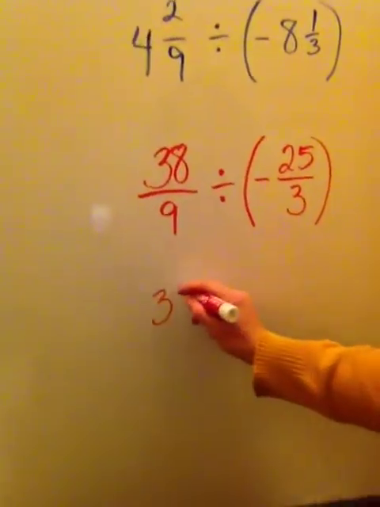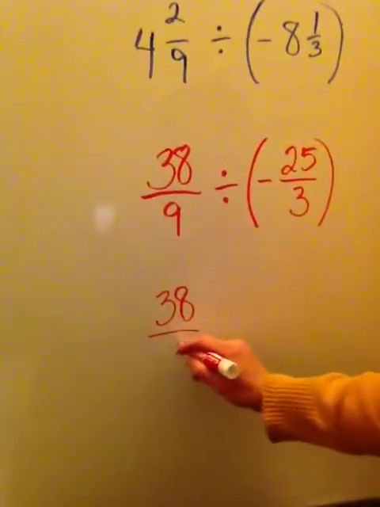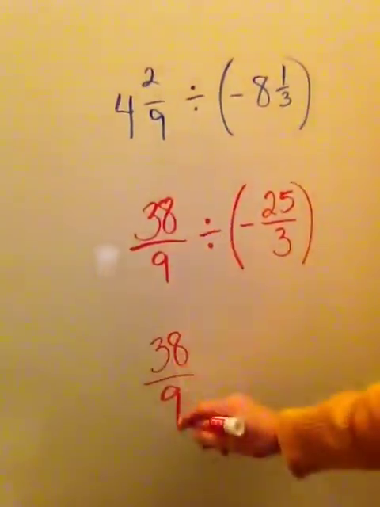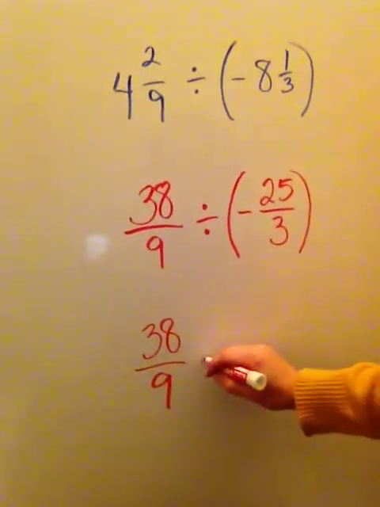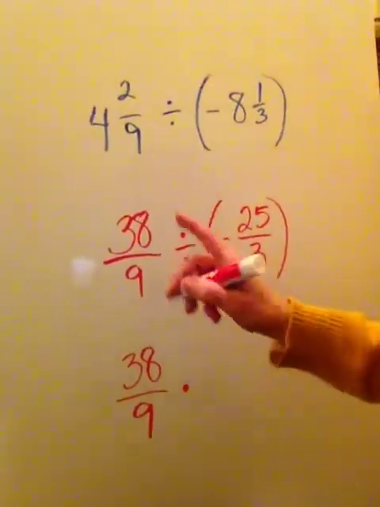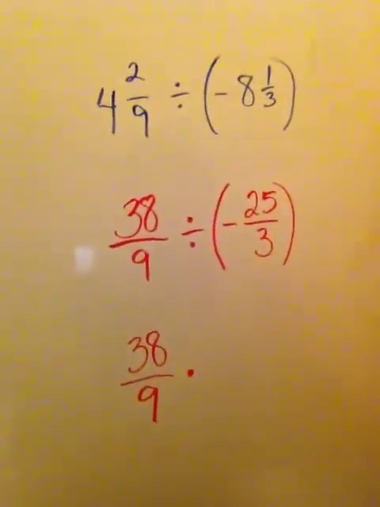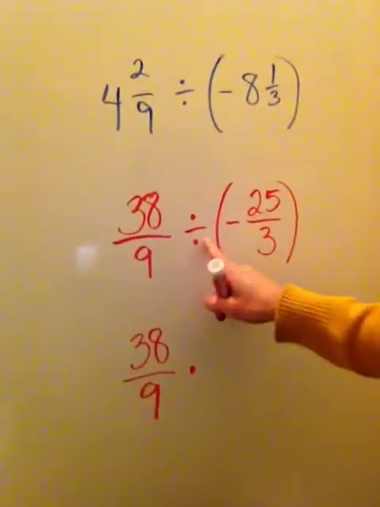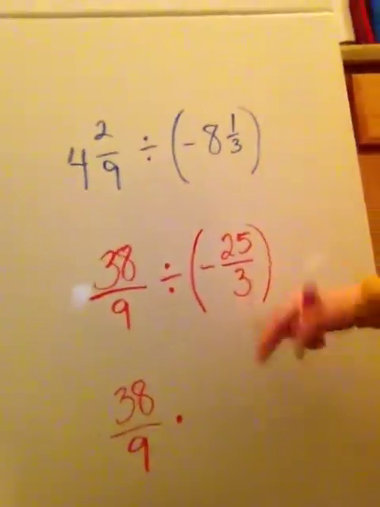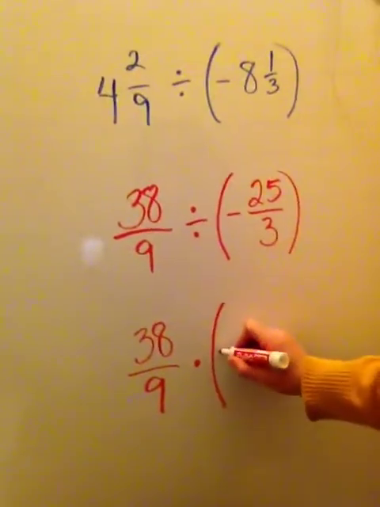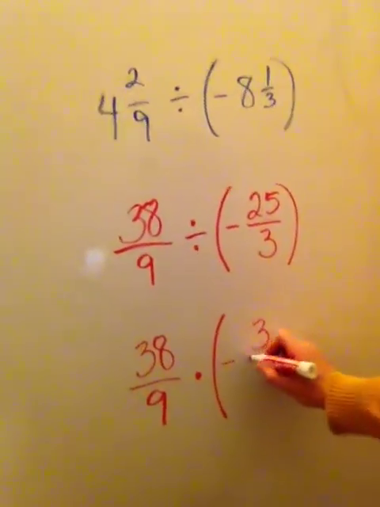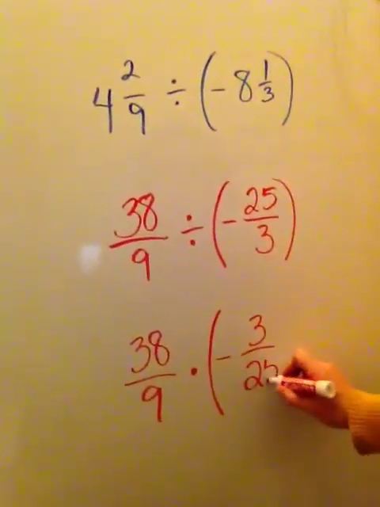So instead of doing division, we want to change it to multiply by the reciprocal. I'll say it a million times so you can get it in your head. Multiply by the reciprocal.